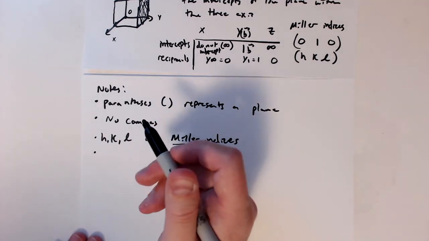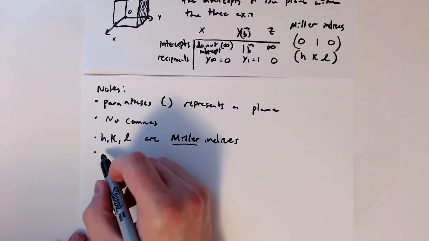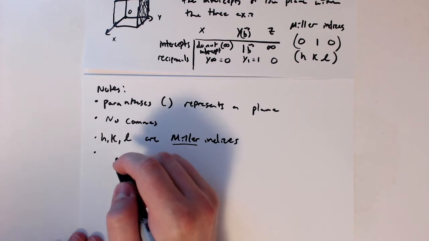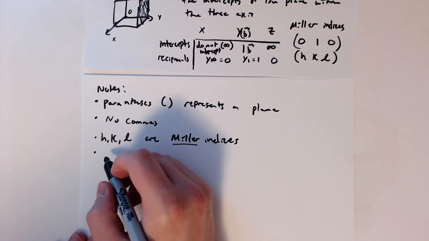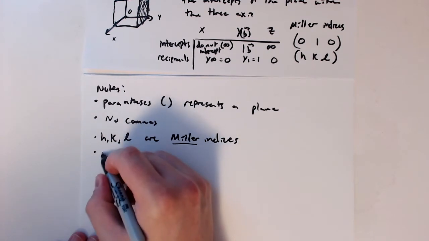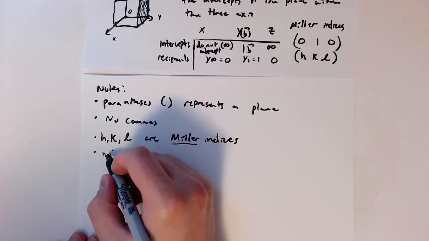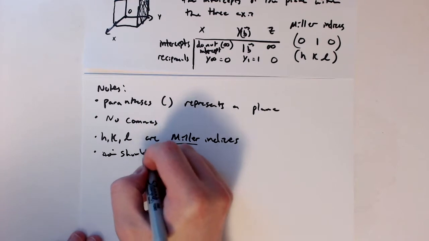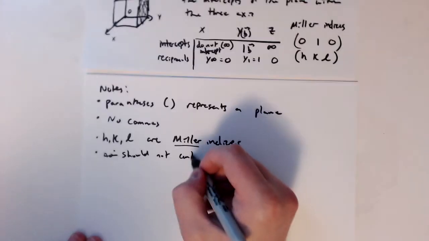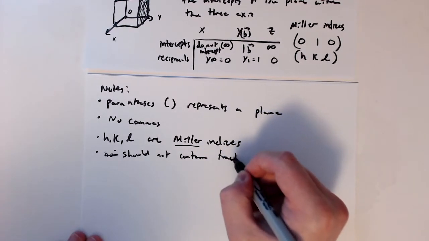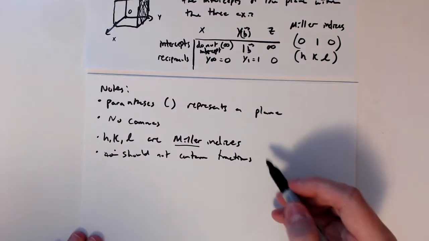And just like directions, we tend to avoid fractions, we try to use the smallest integers, and so it should not contain fractions. So as a general rule, we don't want to have fractions.